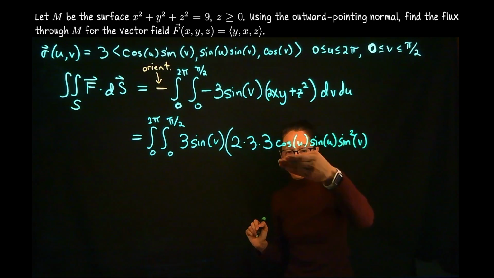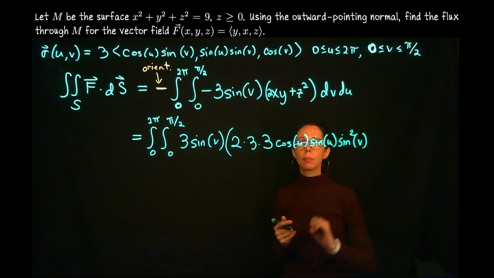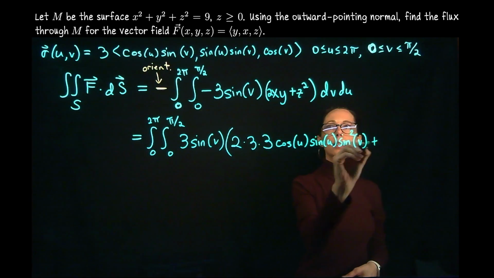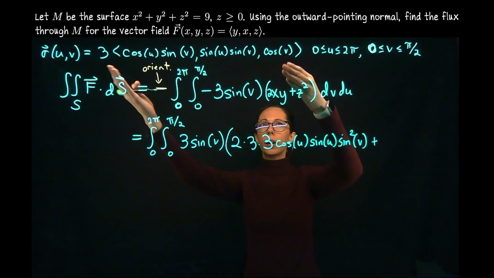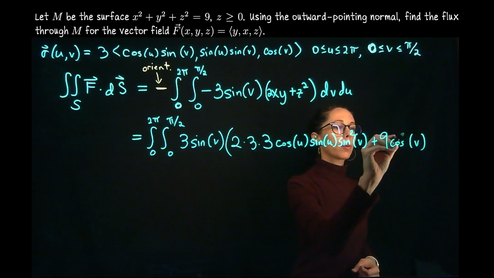Hopefully you're anticipating that something's going to happen here with this product of cosine and sine terms, and we will go through that in a moment, but let me finish with plus z squared is 3 squared cosine squared, so 9 cosine of v, that quantity squared.